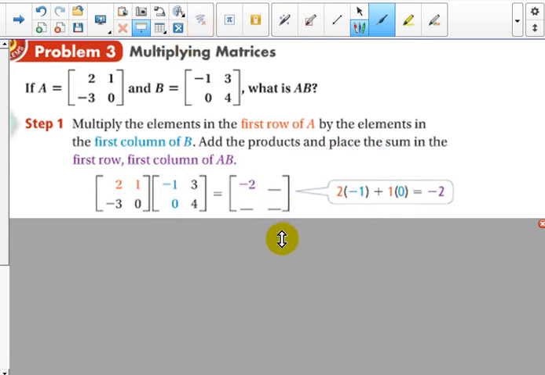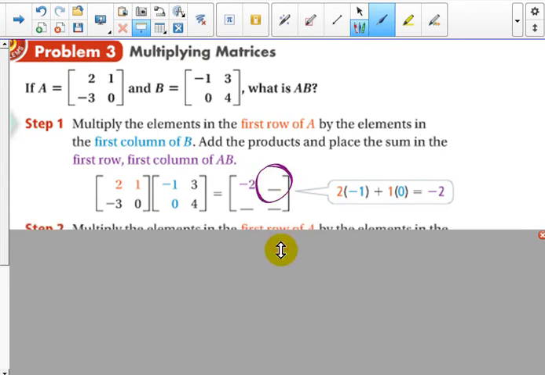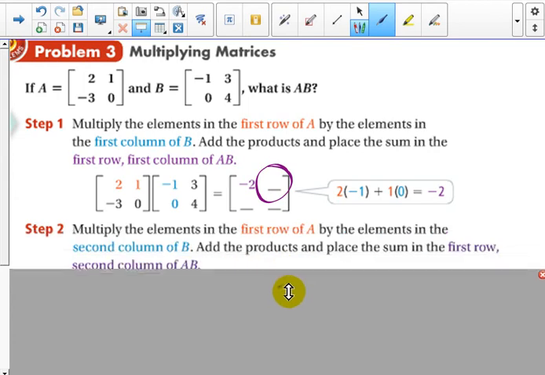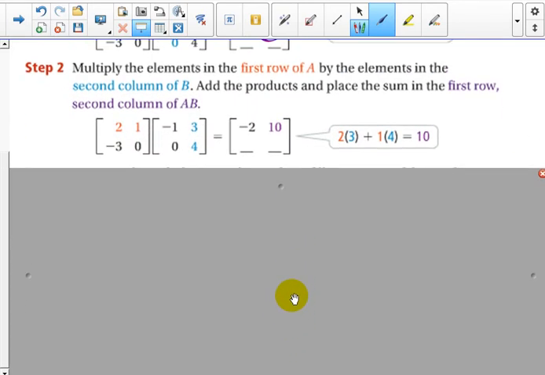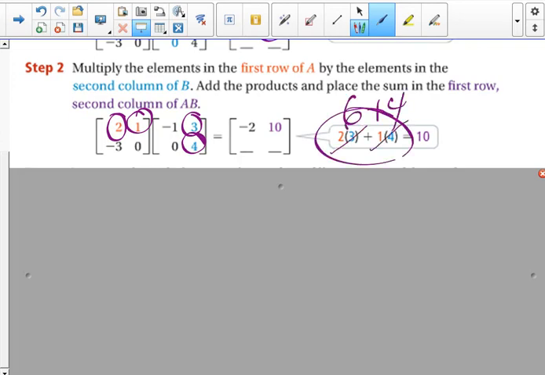Now let's move to the next element. Again, it's going to be the first row times the second column. So we're going to go 2 times 3 plus 1 times 4. 2 times 3 is 6, 1 times 4 is 4, 6 plus 4 is 10. And that's what goes there.